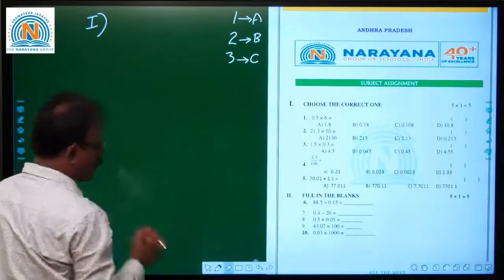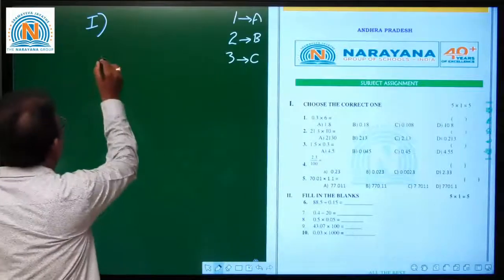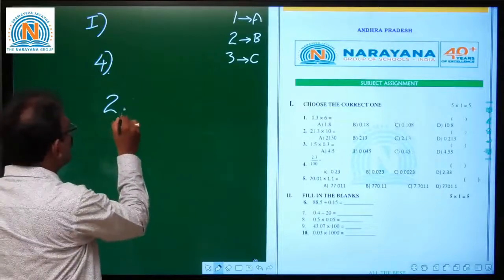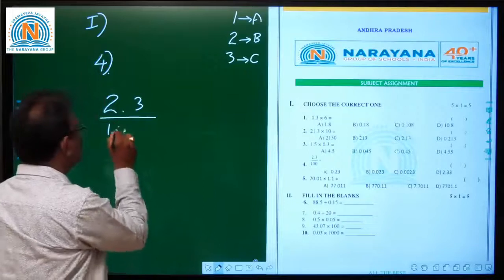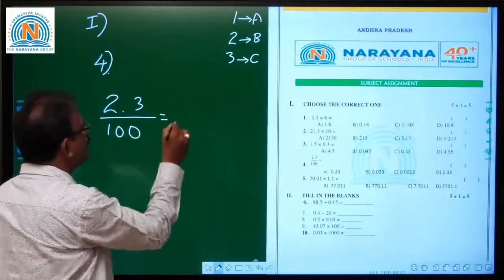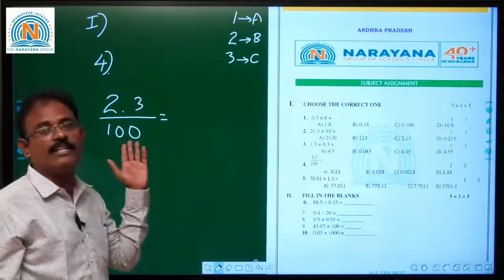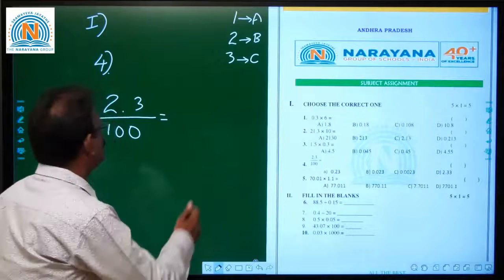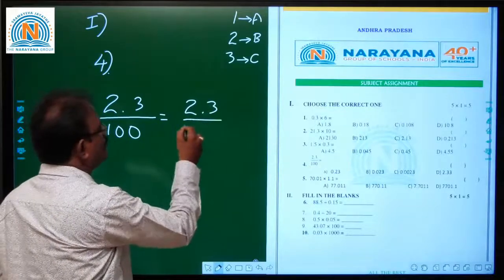And let us come back to the fourth one of the first Roman. It is 2.3 by 100. You know, children, how to do the division of decimal numbers. First of all, we have a decimal point in the numerator.